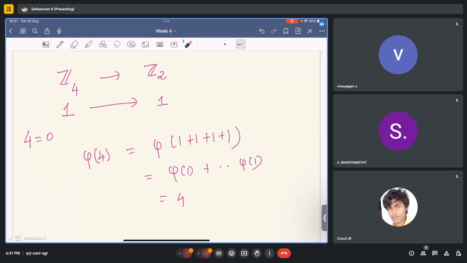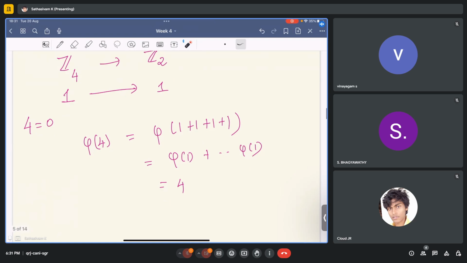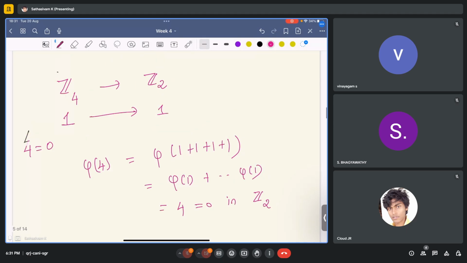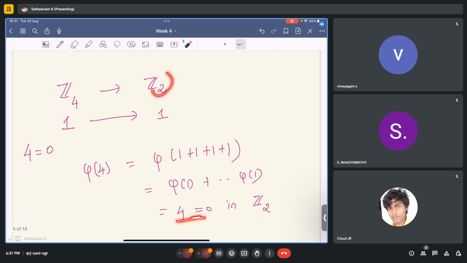And if you look here, 4 is actually equal to 0 in Z mod 2Z, in Z2. In Z2, 4 is 0. So this relation is satisfied. Here 4 is 0 is the relation, and the same relation is satisfied here also. So this map became a homomorphism.